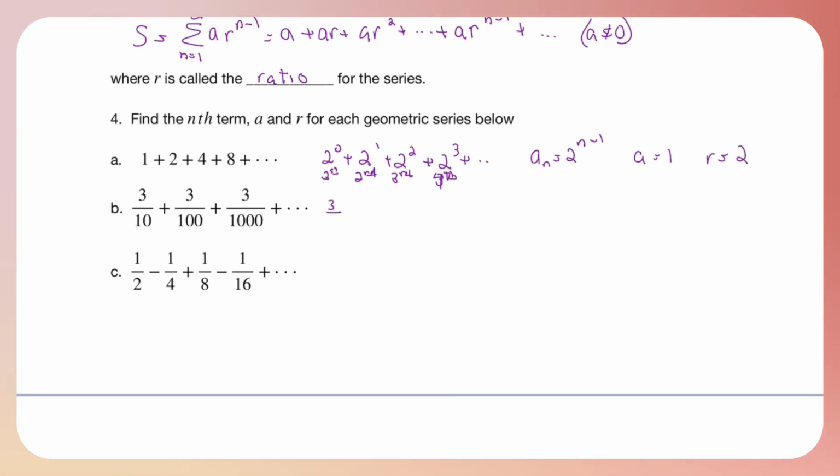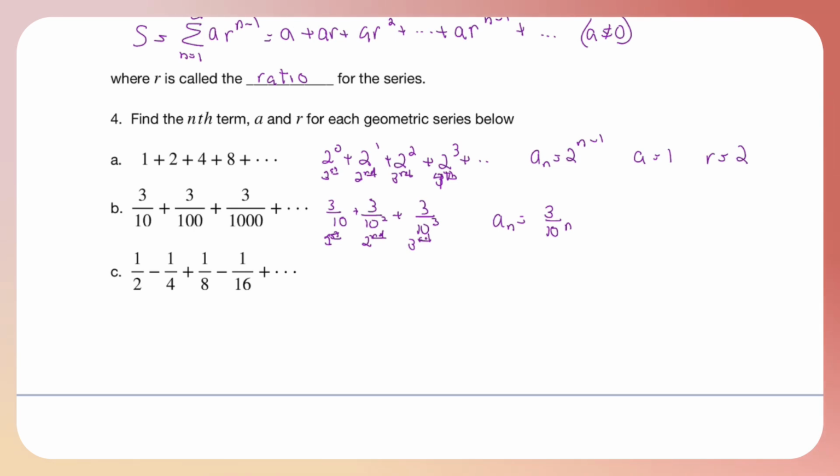Okay, let's look at the pattern here. I've got 3 over 10 plus 3 over 10 squared for our second term, plus 3 over 10 cubed for our third term. And so my a sub n term would be 3 over 10 to the nth power.